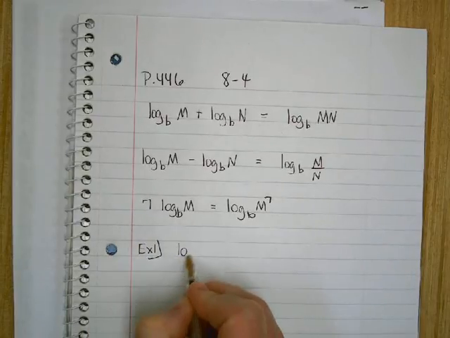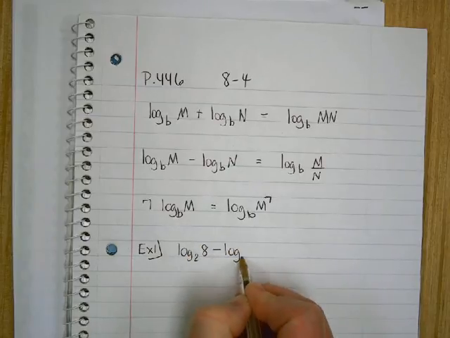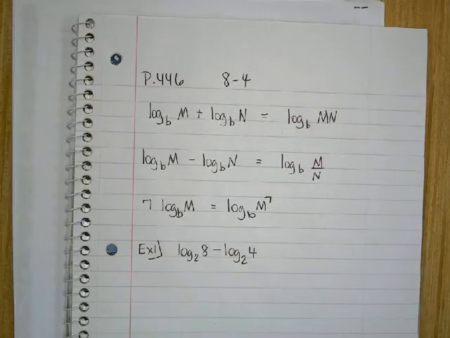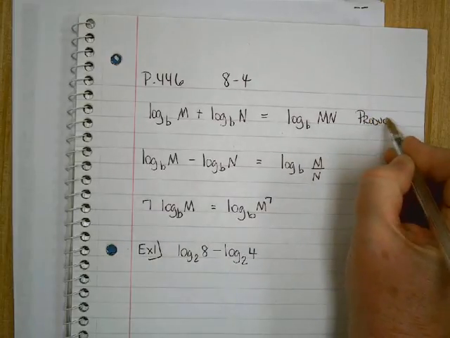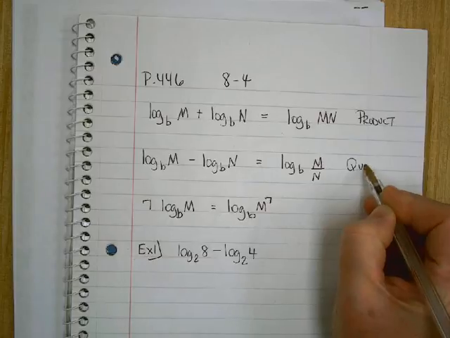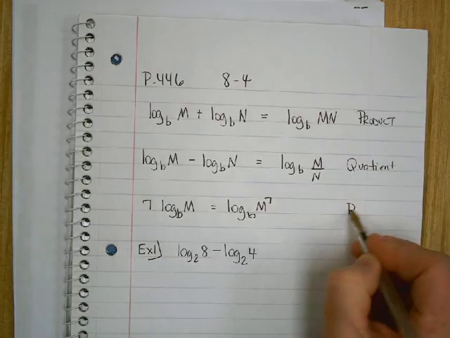Log base 2 of 8 minus log base 2 of 4. They want you to state the property and then rewrite the expression. The names of the properties are the product property, the quotient property, and the power property.